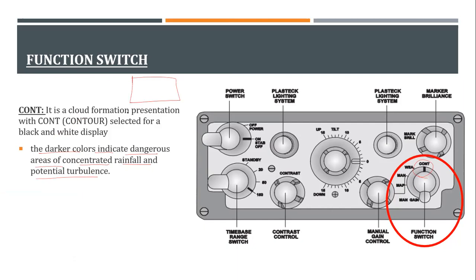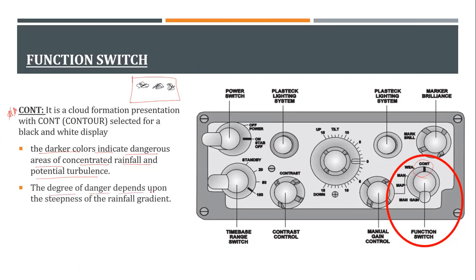The areas where we see black, that is where we will see turbulence. And this is where the questions are asked. Till now we saw that we were getting signals of all the colors, fancy colors. But right now there's a function of contour, where we only get a black and white display.